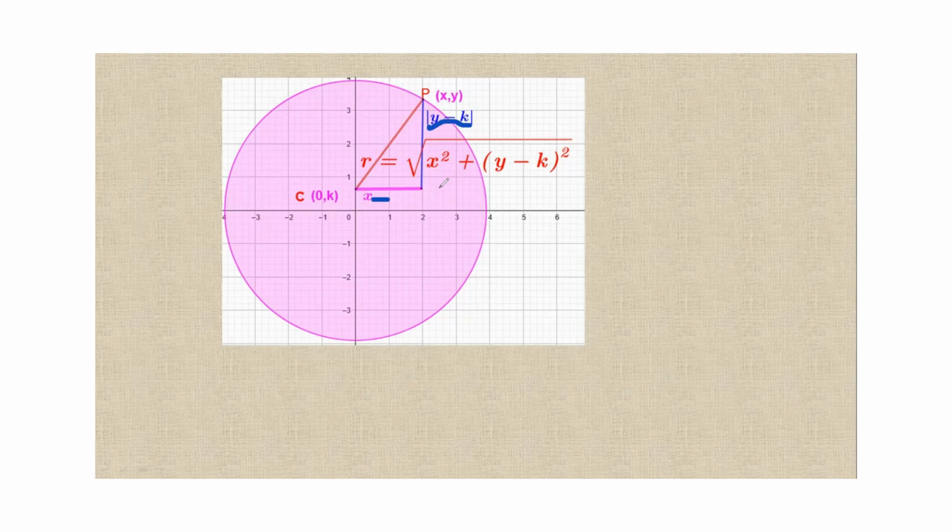So x squared plus (y minus k) squared equals r squared. This is the equation of a circle when the center is on the y-axis.